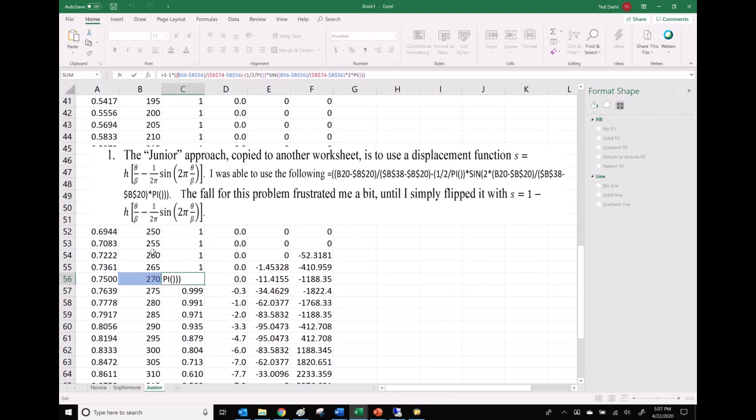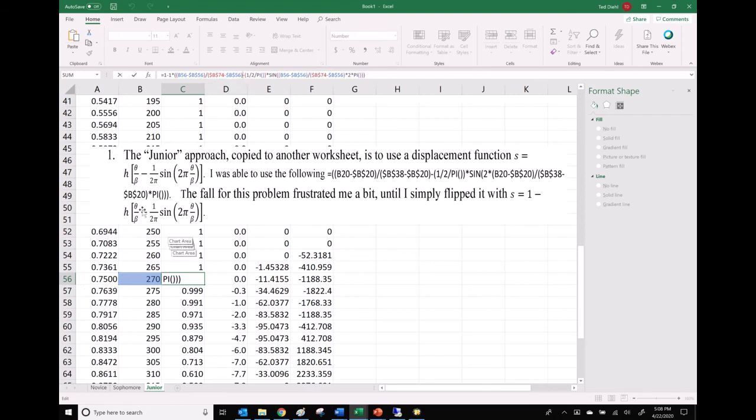So the starting point is cell B56, and we're going to subtract it, but we have the dollar signs, so we're always subtracting it. That represents beta. It's going to be divided by the span, which is from B74, the last one, minus B56. So that's definitely the span.